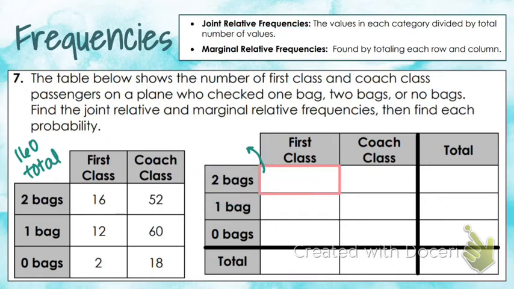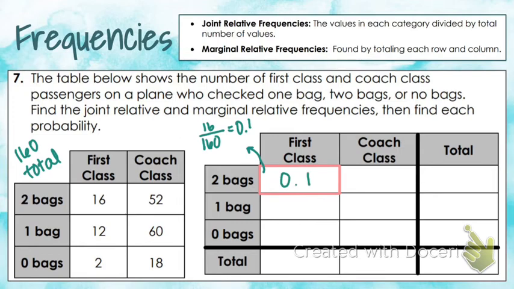And the joint relative frequency is the values in each category divided by the total number of values. So the values in that category are 16, and there are 160 total values. So 16 over 160, we want to write this as a decimal, gives us 0.1. So that is what goes right here.